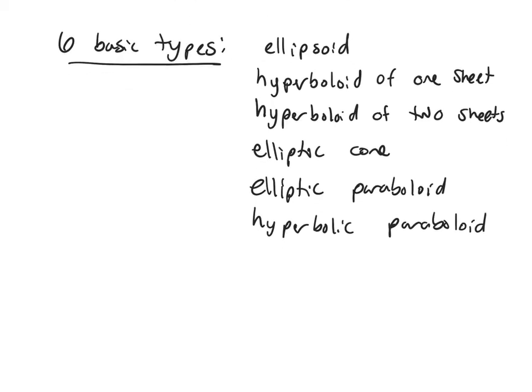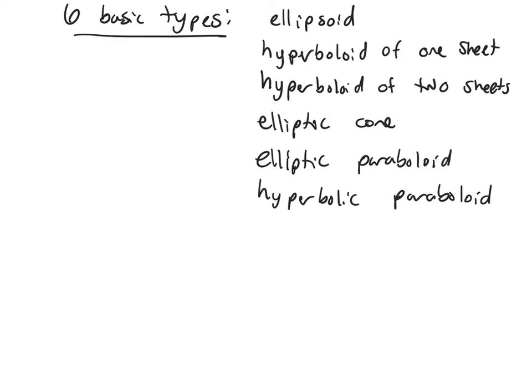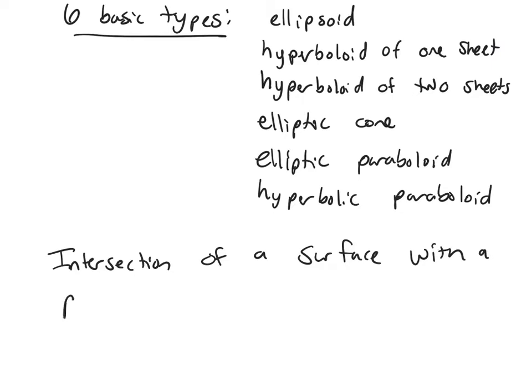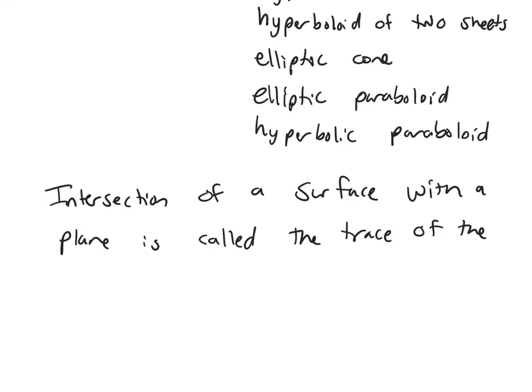But I do want to mention we're going to want to sketch the graph of these surfaces, and so it might be helpful if we look at something called the trace. And so what is that? The intersection of a surface with a plane is called the trace of the surface in the plane.